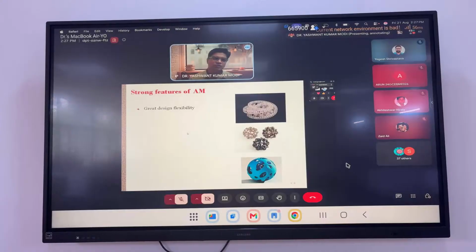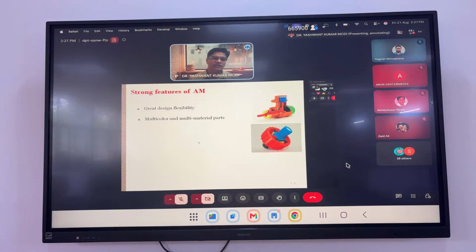The strong features, if we talk about them, start with great design flexibility. As you can see on the screen, no matter how complex the part is, there is nothing like complexity for this technology because it prints one layer at a time. So complexity is nothing for this technology. Secondly, it can print multicolor and multi-material parts, especially for demonstration purposes.